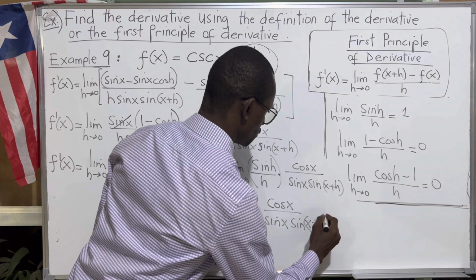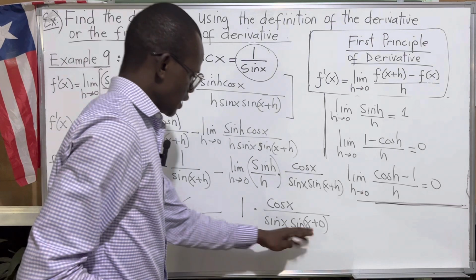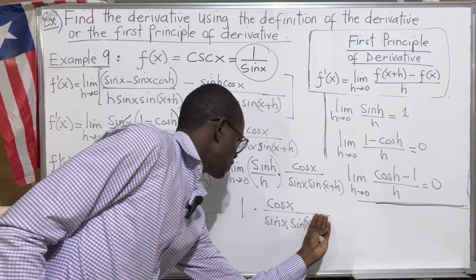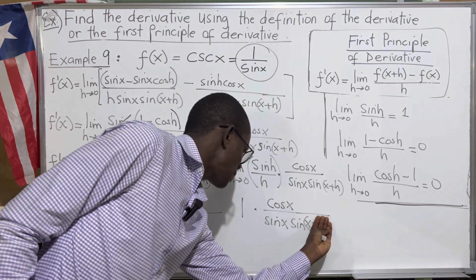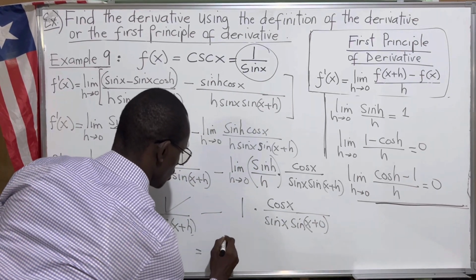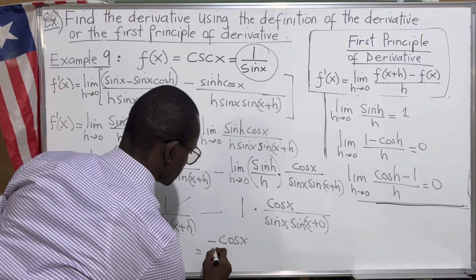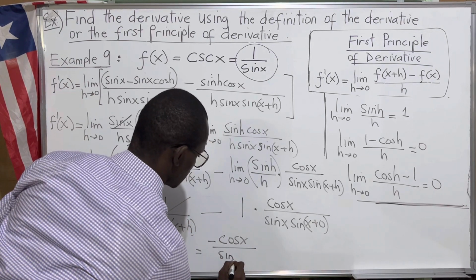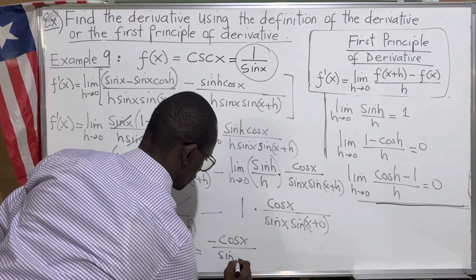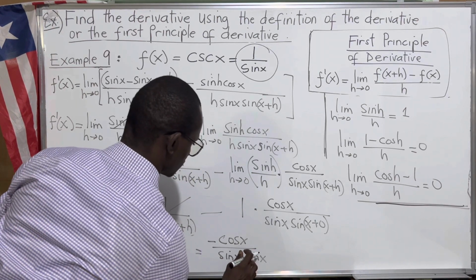Plus, we know that h now is 0. So you have sine of x times sine of x. So this whole thing will just give us minus cos of x all over sine of x times sine of x.